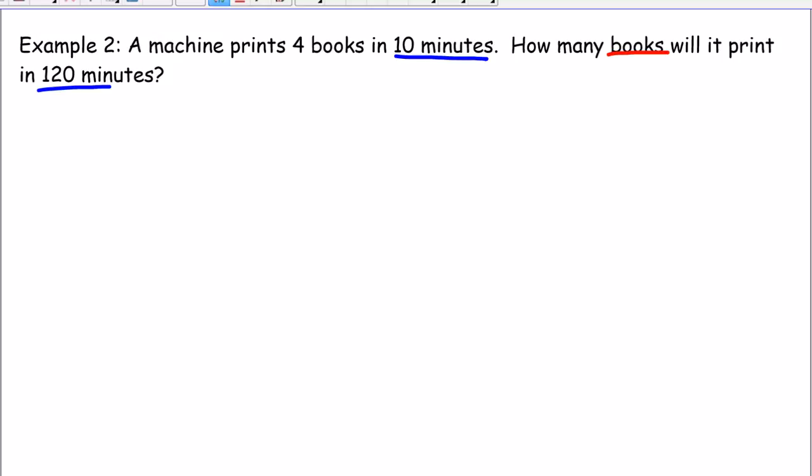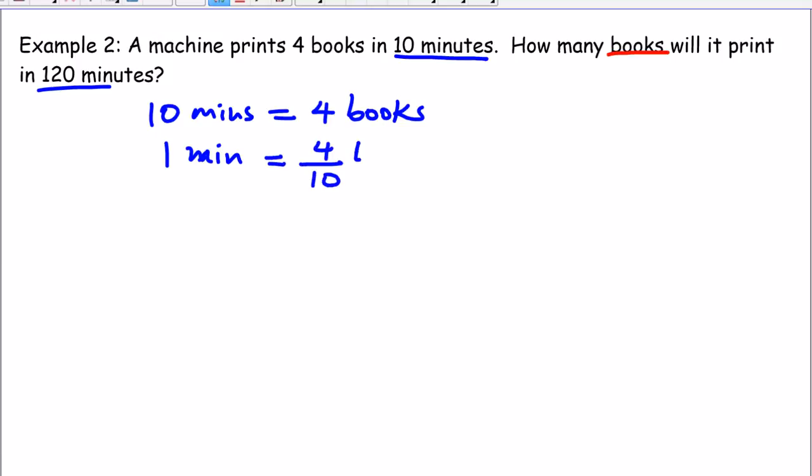So in 10 minutes, four books are printed, which means that in 1 minute, we'll have 4/10 book.